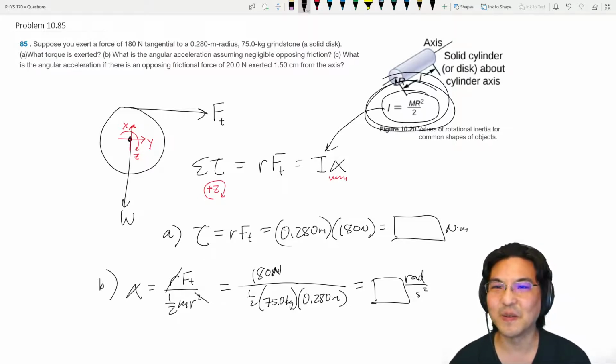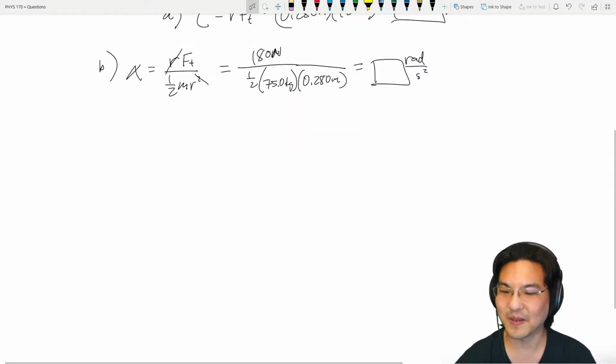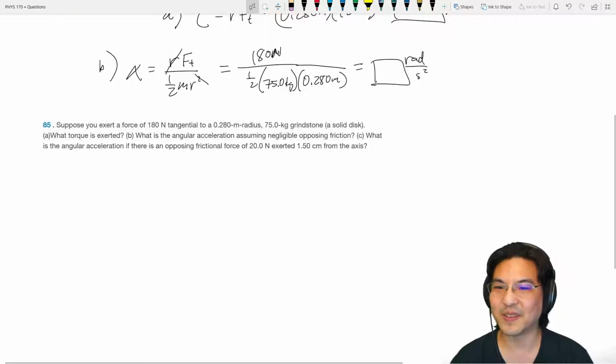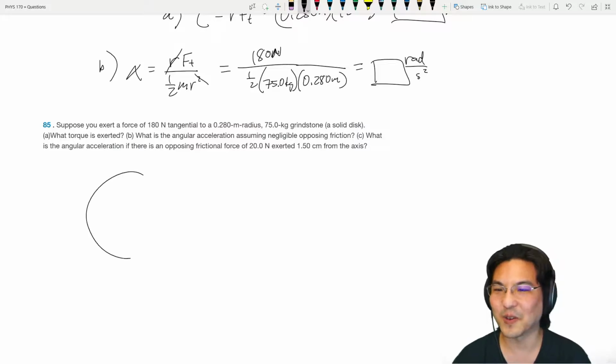Okay, so now, let me make some space here. Okay, part C. Now there's actually something causing an opposing frictional force. So we have our tangential force here, and that was acting at some radius r.